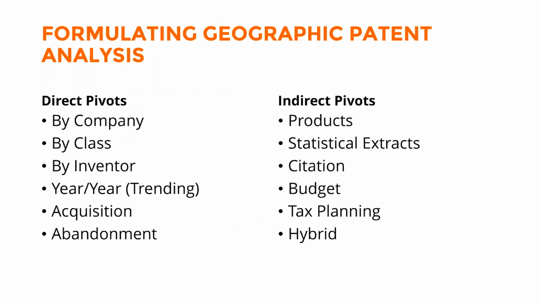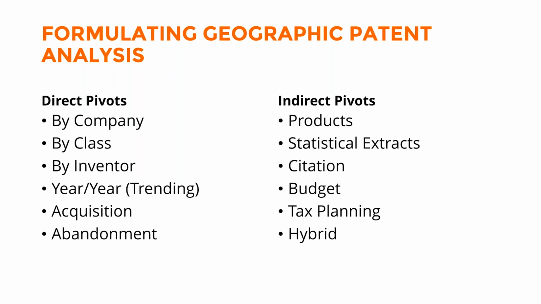Well, yeah, and that's a great point, because once you've asked that question, then we can look at how we want to slice and dice and cut up the data to get the insight that we're looking for. And just like in the last session, we talked about the idea of pivots, direct pivots and indirect pivots.